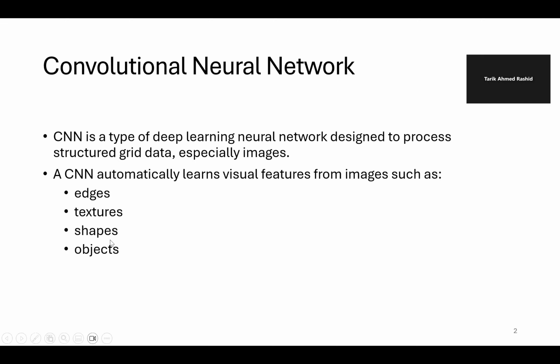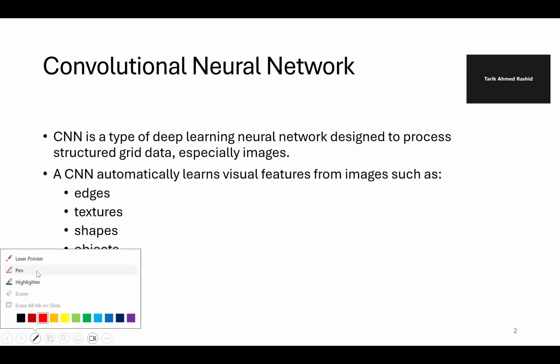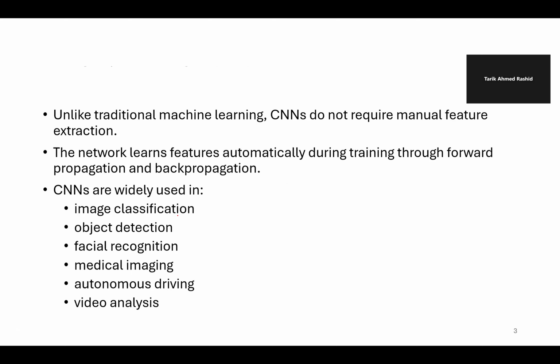Now, CNN automatically learns visual features from images such as edges, textures, shapes, and objects. Unlike multi-layer perceptron machine learning, CNN do not require manual feature extraction.